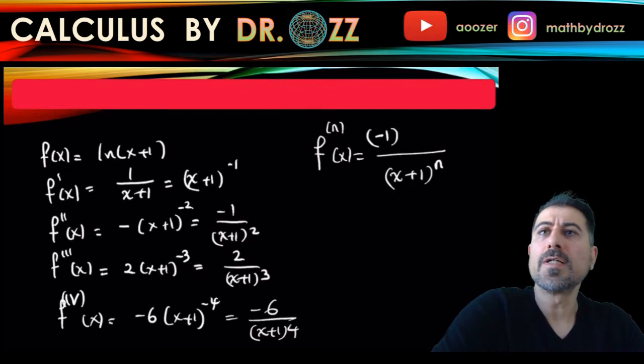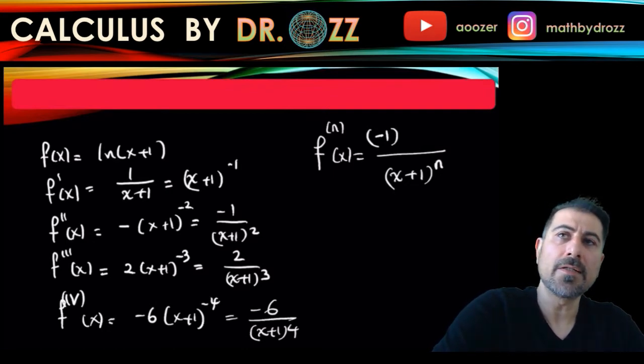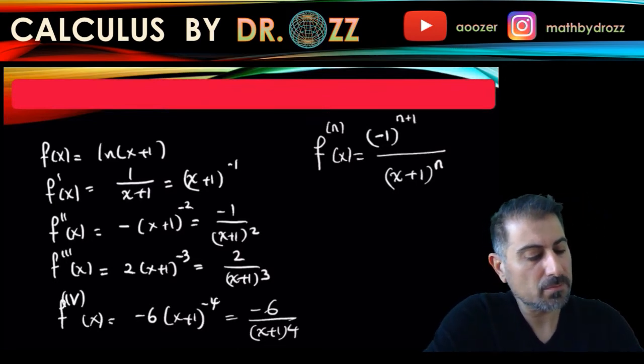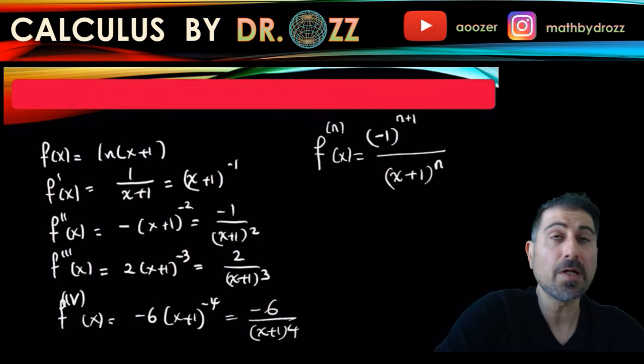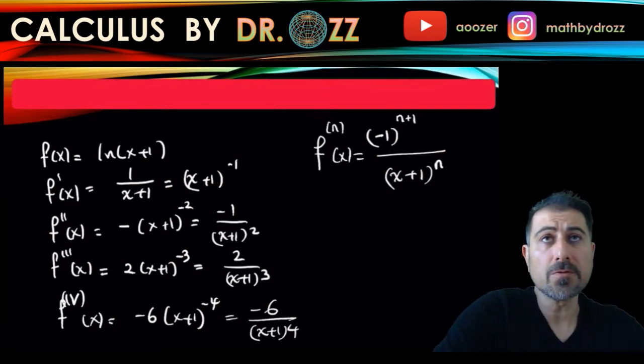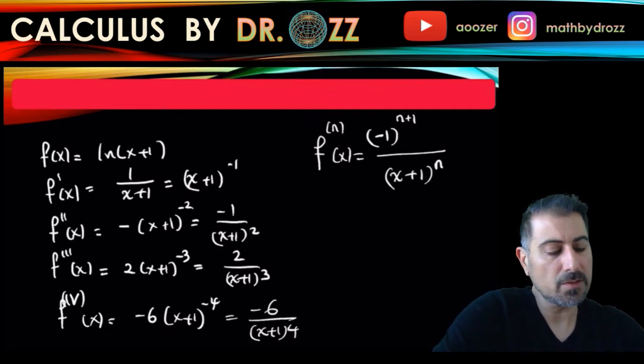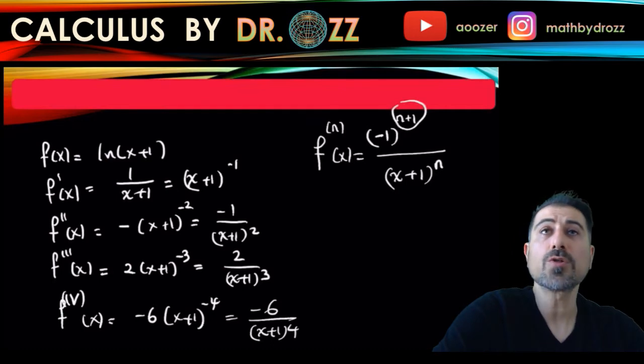So, for example, f double prime is negative, so when n equals 2, this should be negative. So why don't we go with n plus 1, right? Because it becomes negative 1 to the power of 3 for n equals 2. That's negative 1. Here we go. In the next term, let's say f triple prime, n equals 3, this exponent here is going to be 4. That's positive. So I'm going to get plus that expression.